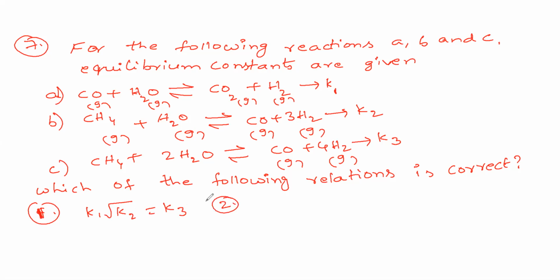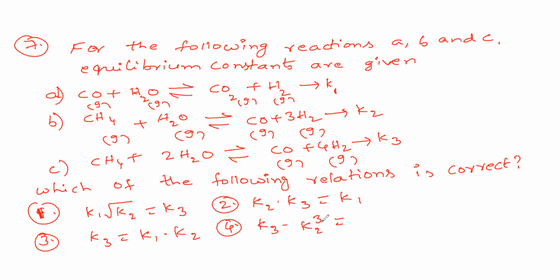Second option, K2 into K3 is equal to K1. Third option, K3 is equal to K1 into K2. Fourth option, K3 into K2 cube is equal to K1 square. So this is a very typical, lengthy question. Please try to understand, it's a very important question.